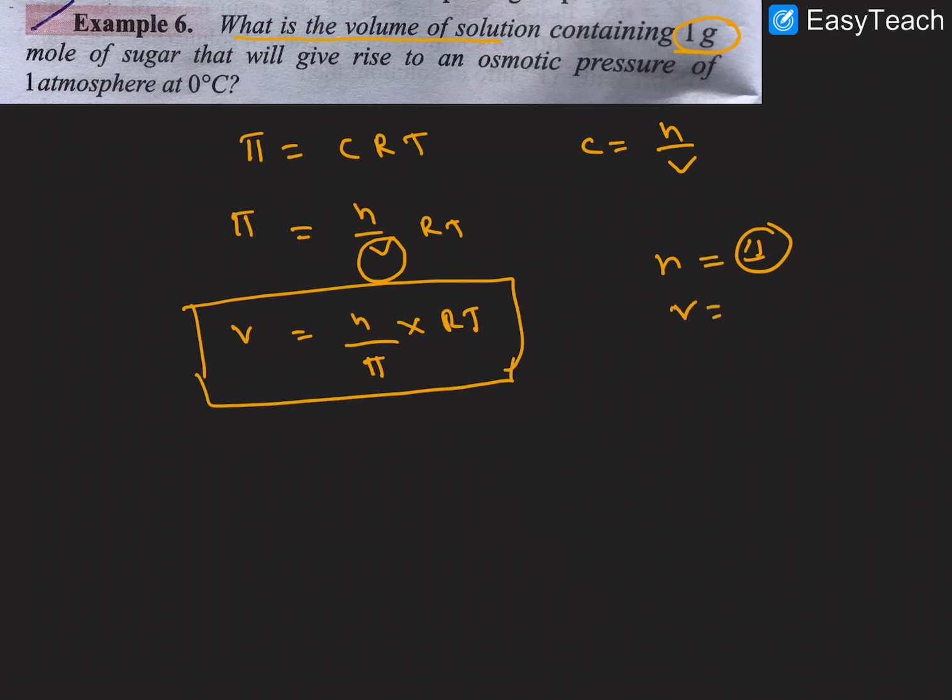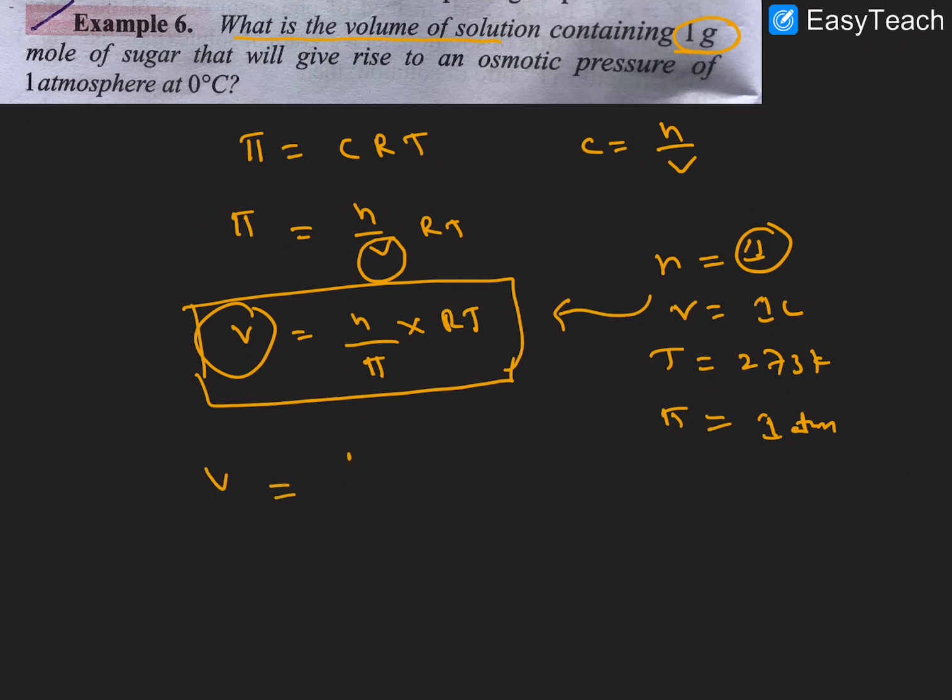Where it is present, nothing they are giving, so we imagine 1 liter of volume, right? The next one, the temperature is given in centigrade, so in Kelvin it means 273 Kelvin. And next, the pressure, Pi is equal to 1 atm, 1 atmosphere pressure, right?